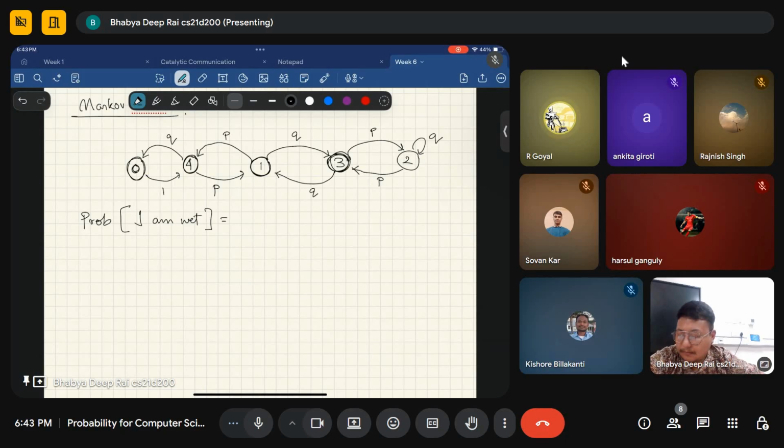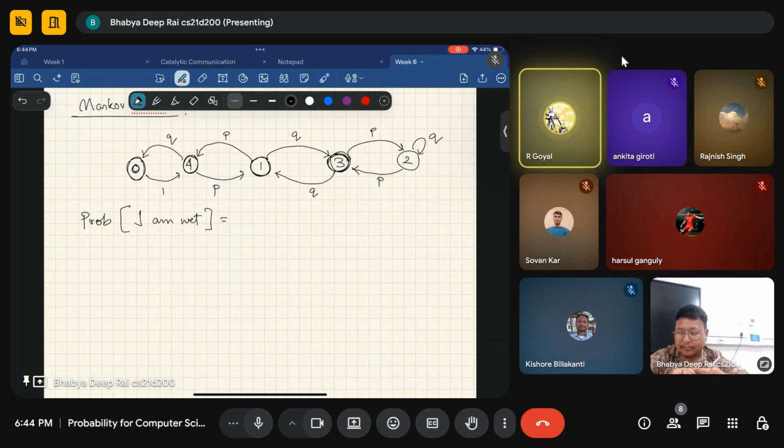Sorry. So the probability that I am at state 0 would be, say, Q plus P square Q. I need to calculate this. What is the probability of being at state 0? Then when I make a move to state number 4, this is the only possibility wherein I'm getting affected.